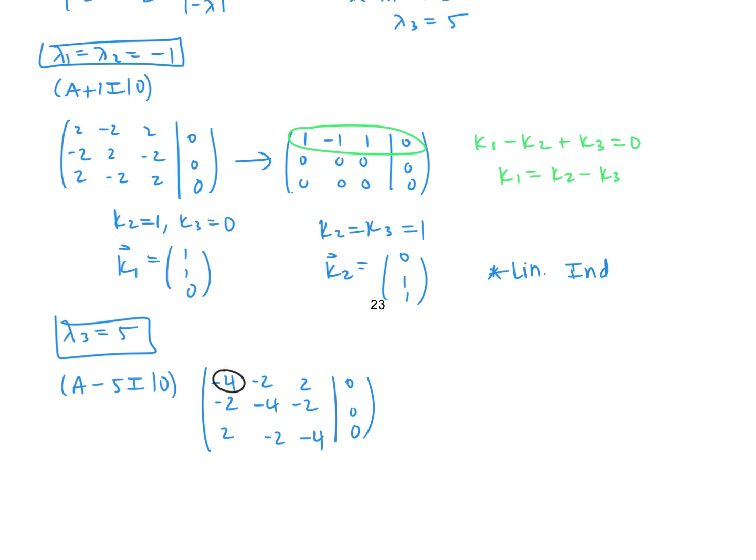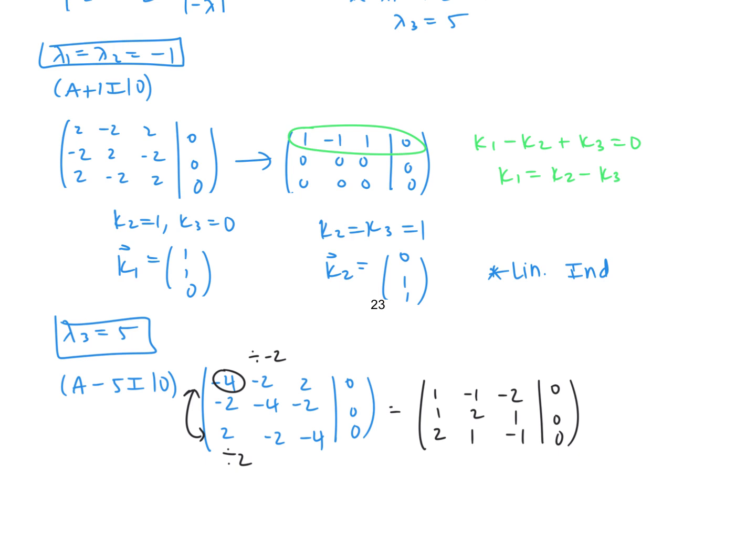I'm not going to easily get a 1 here. So instead what I want to do is swap these two. And so when I do that, I'm going to divide this last row by 2, and I'm going to divide this top row by -2. And so that will give me 1, -1, -2. And this will give me 2, 1, -1. And that middle row, I'm also going to divide by -2 to get 1, 2, 1.